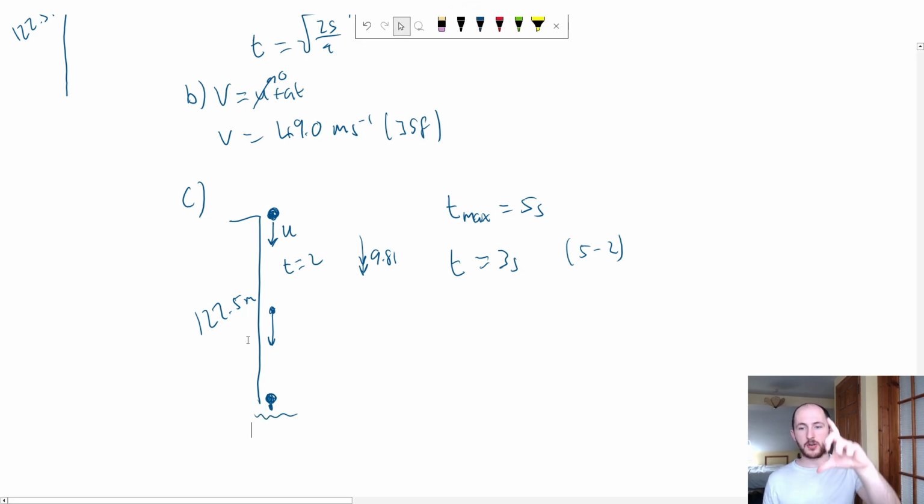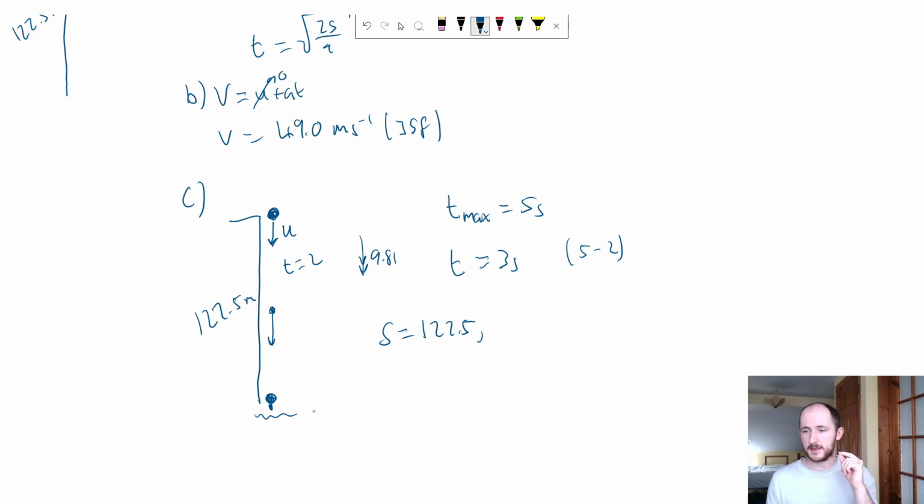So they would have travelled 122.5 metres. Here I'm already coming up with some equation, because the max distance they could have covered is 122.5 metres. U is U, because we don't know it. V, I don't really know. A is 9.81. And again, the longest possible time it could take to cover the distance from here all the way down to the water is 3 seconds.